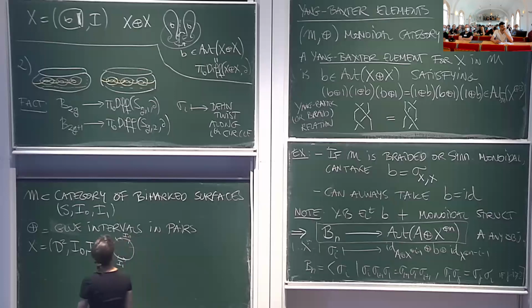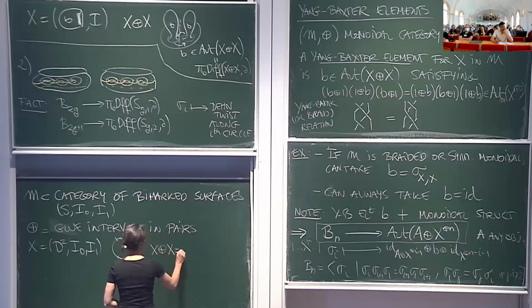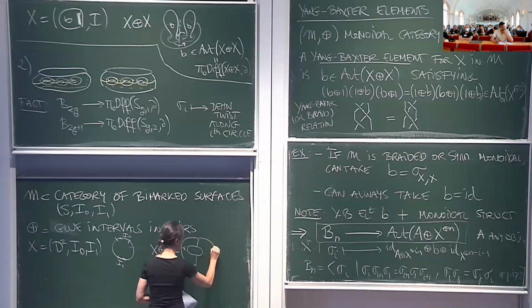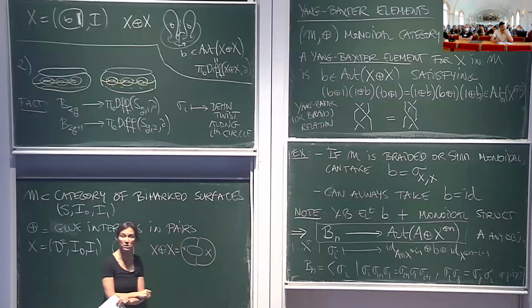If I take X plus X, gluing a disk with two intervals in its boundary to a copy of X and identifying the intervals, I get a picture like this. What I get is a cylinder.